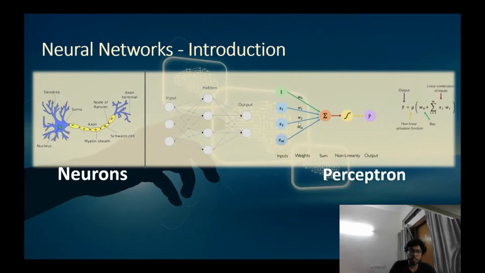Right? Now coming to sum. So what happens here is that every value of these input nodes... So when I was saying pixel, let's say your image is divided into 4 pixels. Each of those 4 pixels will have their own intensity. For example, bright pixels will have higher pixel values.